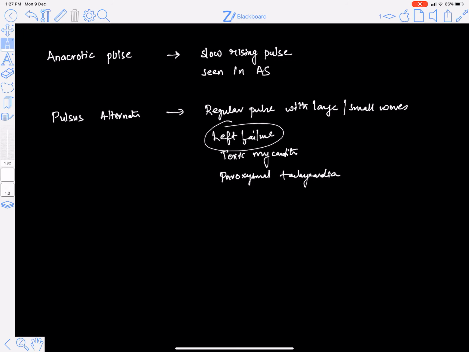And this left heart failure is the most commonly asked question which is given in the exams.